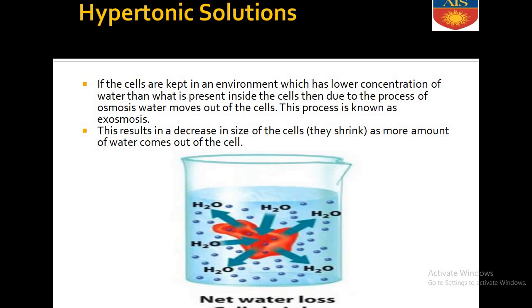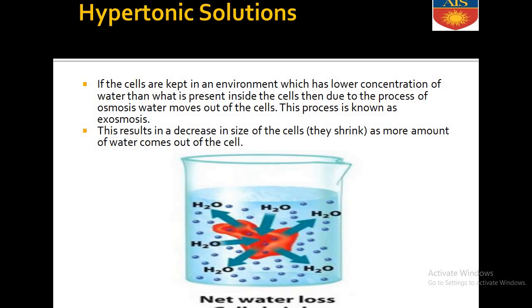When our mother makes a salad for us, have you ever noticed that when we sprinkle salt on a cucumber, what do we see? That it shrinks, and the water comes out from the cell. Why? Because when we are sprinkling the salt, mixing it with salt, that salt has a high concentration of solute.